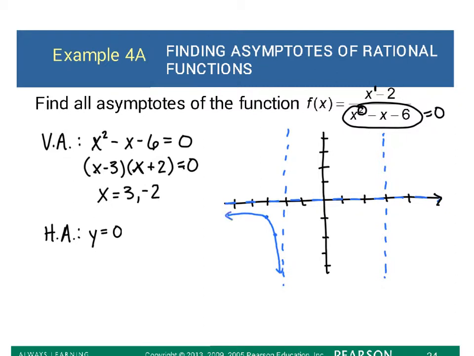Okay, now let's find a couple of other points that are in between these 2 asymptotes. So between negative 2 and 3, 2 x values such as negative 1 and 2. So negative 1 is actually going to give us this point here, I believe.